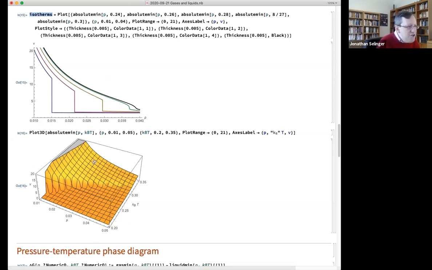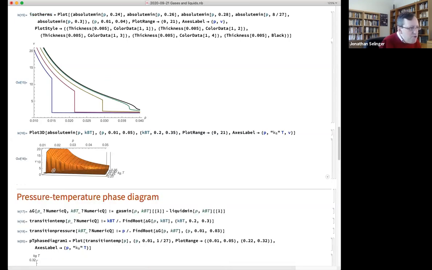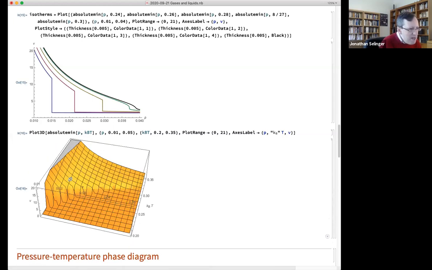We can see that at low pressure and low temperature, there's a big jump between the gas and the liquid. The gas has a really big volume, and the liquid has a really small volume. And there's a big jump when you cross that transition.